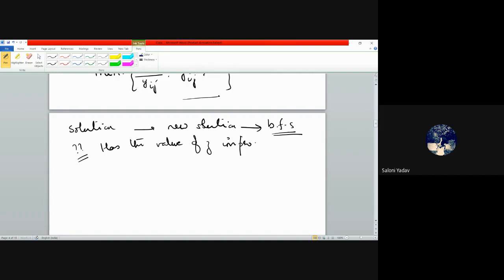See, we are doing all this exercise because we want our objective function to reach the optimal value as early as possible. That means once we start with one solution, we know that it is not optimal. Say, let us assume we know that it is not optimal. So we have to improve this solution. So what do we do? We find a new solution, right?